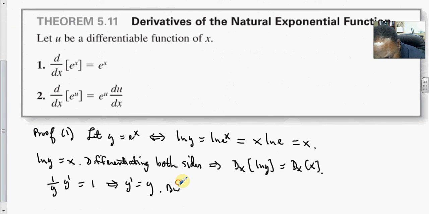But y prime was what you were after, right? Y prime is dy over dx.